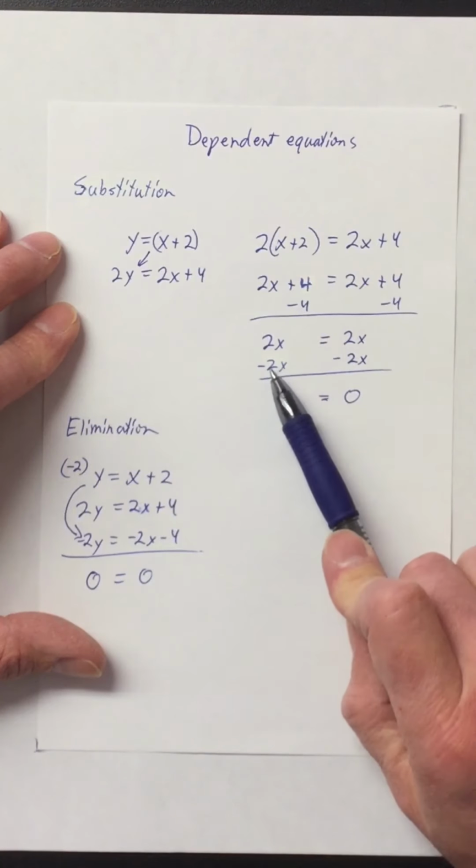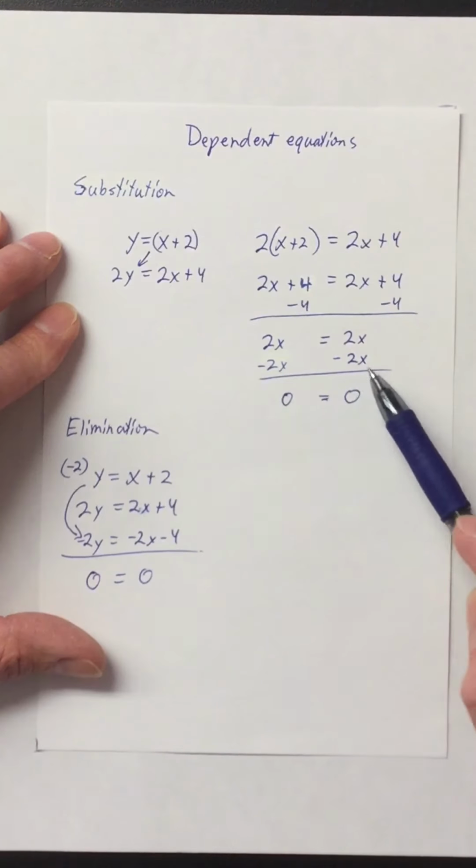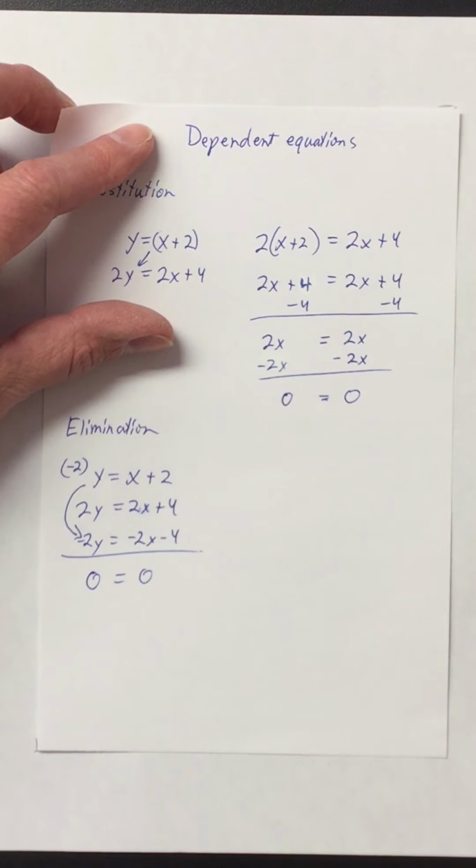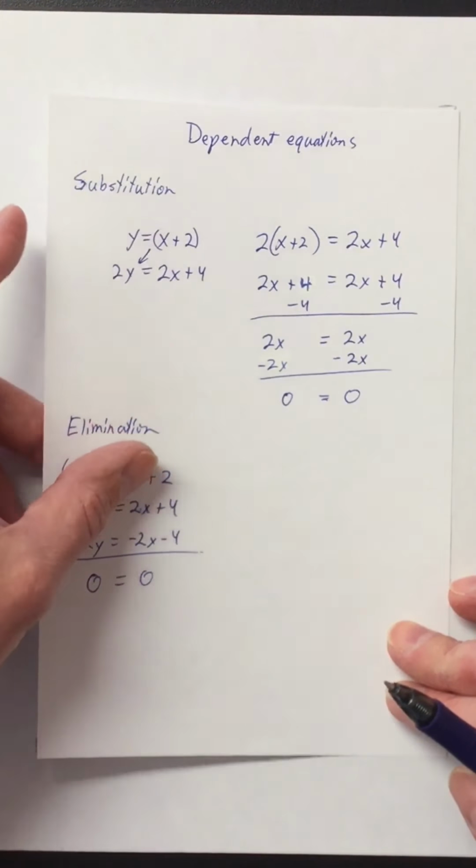Let's subtract 2x from one side, which gives me 0, and from the other side, I get 0 equals 0. That is a true statement, but an indication that I have no coordinates. Actually, they share all the coordinates. Every x coordinate and y coordinate together is valid for both of them because they're the same line.